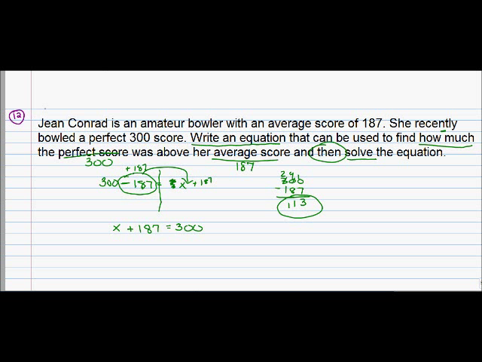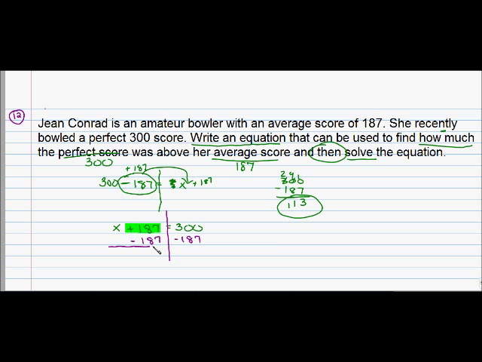I don't like Christmas colors. Okay, here we go. Don't get me wrong, I like Christmas. Now I'm going to take my highlighter. This is a positive 187. The opposite of positive 187 is minus 187. And now I can solve.